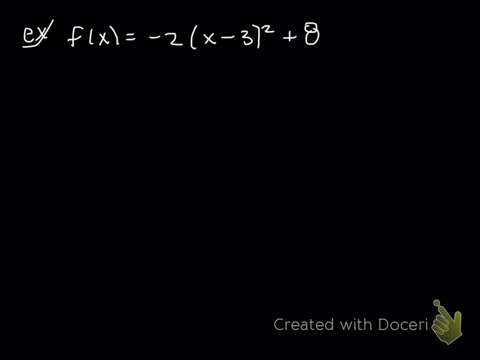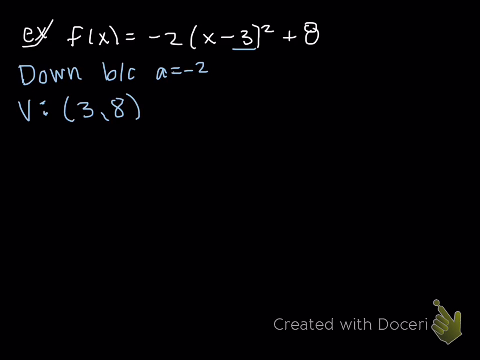So first we would say that this parabola is opening down because your a value equals -2. Then we're going to obtain our vertex, and our vertex is a +3 and a +8. Again, notice it's the opposite of that inside number, the same as the outside number.